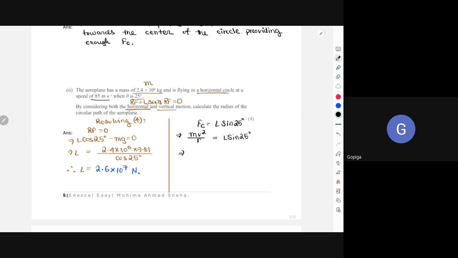So eventually, if we just make R the subject, that will be mass, which was 2.4 times 10 to the power 6, multiplied with velocity, which is 85, divided by L, which was 2.6 times 10 to the power 7, multiplied with sine 25. If you calculate this, then you'll get the final radius for this circular pathway which was traveled by this aeroplane.